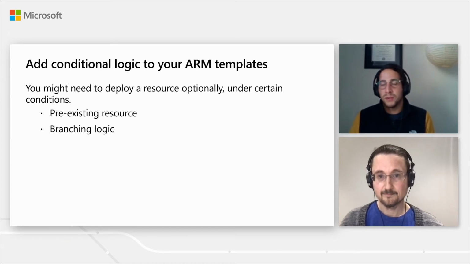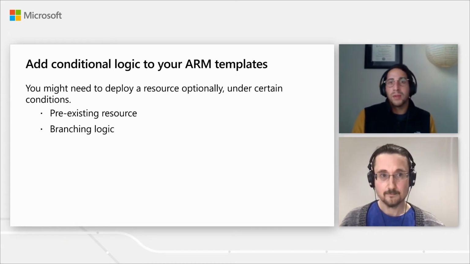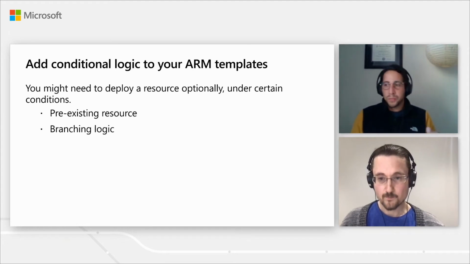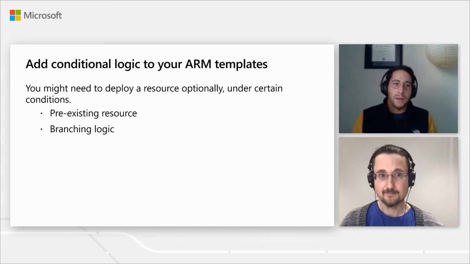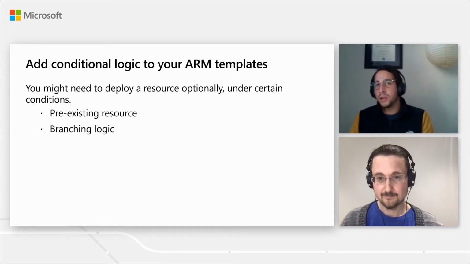What else can I use to conditionally deploy a resource? And more importantly, branching logic. Sometimes you might have an ARM template that takes care of a lot of stuff, but you only want to deploy certain sections of it. For example, you might have different development stages spread across development, pre-production, and production.